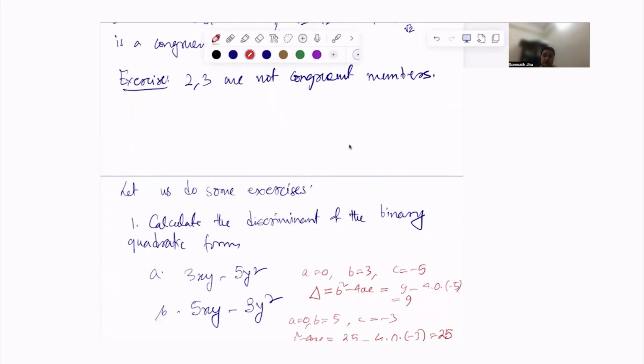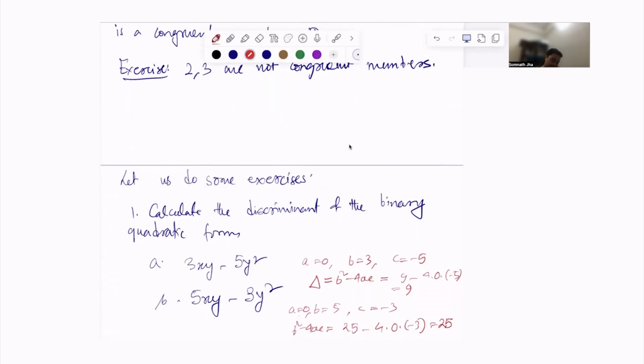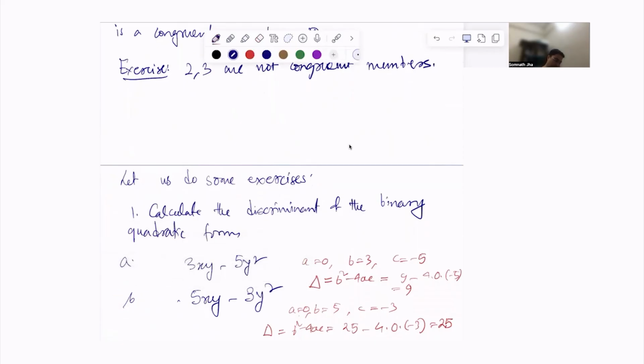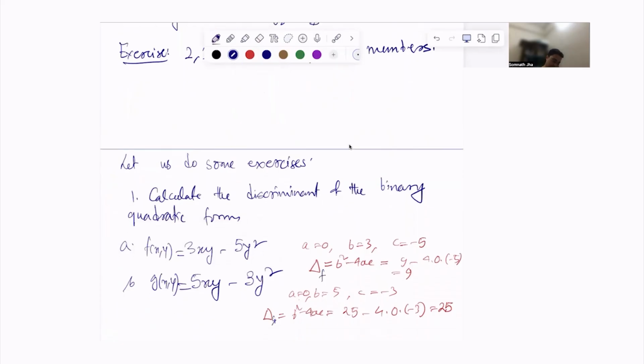So again, it is not in reduced form, but nonetheless we can calculate the discriminant. Calling them f and g, delta of g is again b square minus 4ac, but b is 5 and a is 0, so it's just 25.